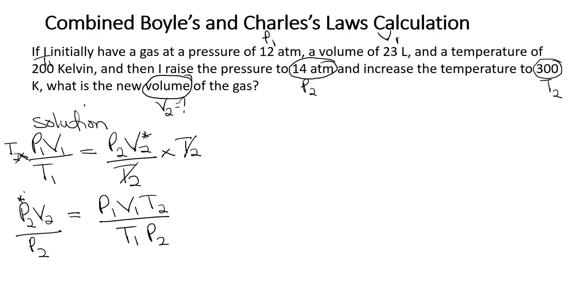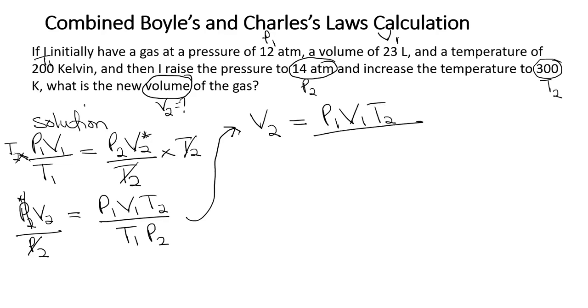So here, the P2s will cancel this side. Then my equation: V2 is equal to P1 V1 T2 divided by T1 P2.